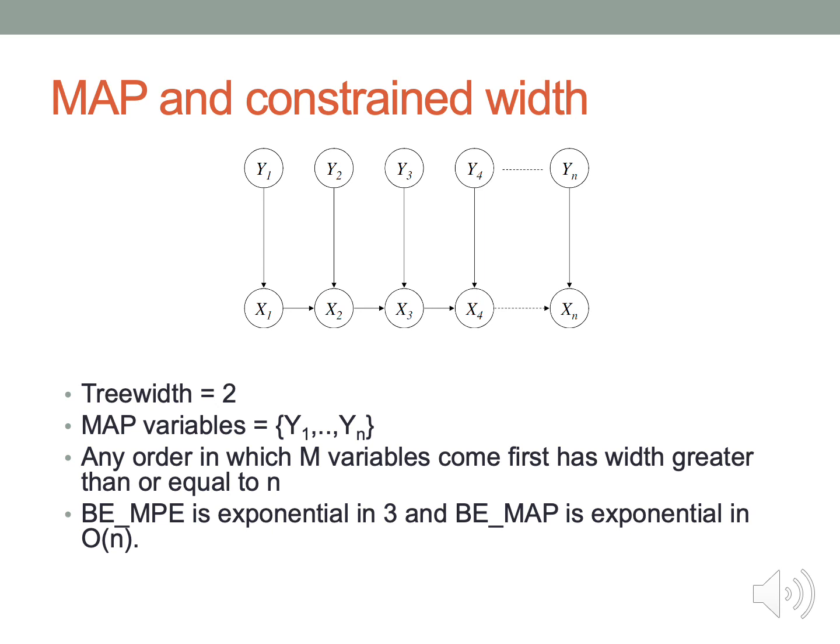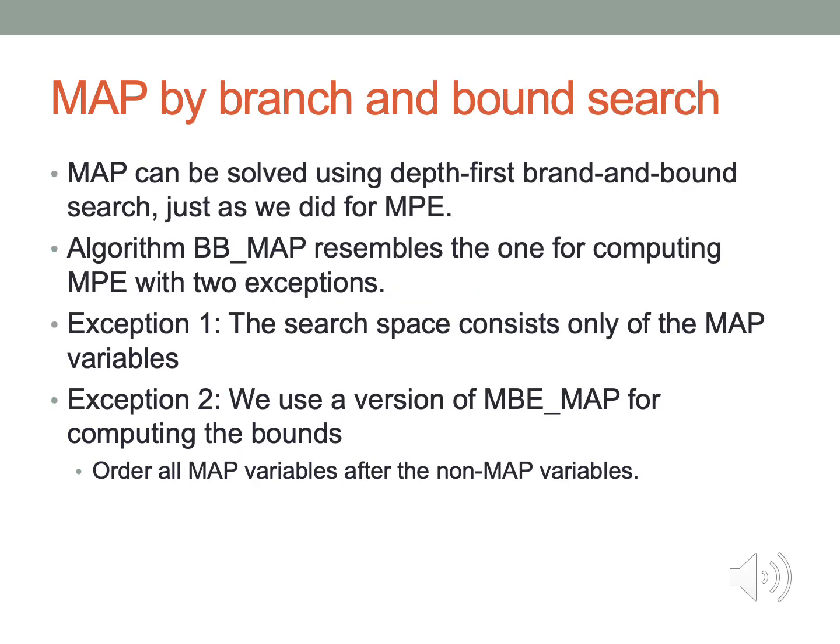So in practice, and this is an active research area, because MAP inference is a hard problem, we need more specialized and advanced algorithms, rather than the algorithms that we are discussing in this class. It turns out that we can also use the branch and bound algorithm to solve the MAP problem.